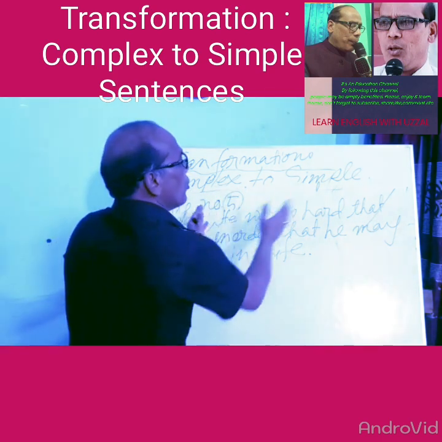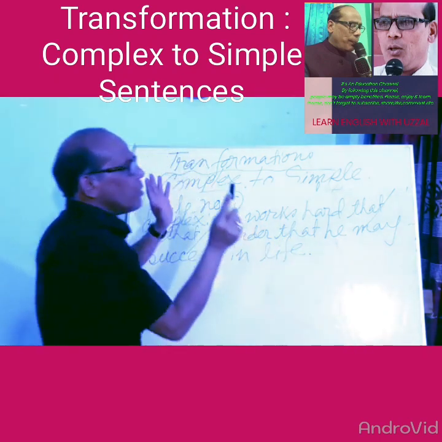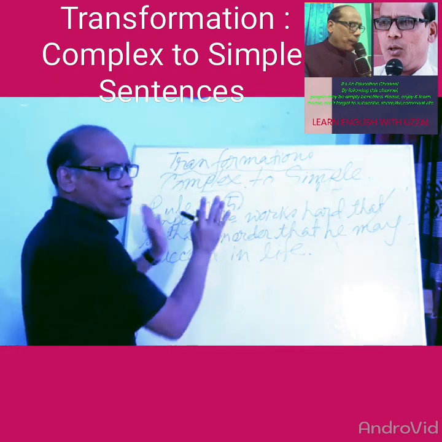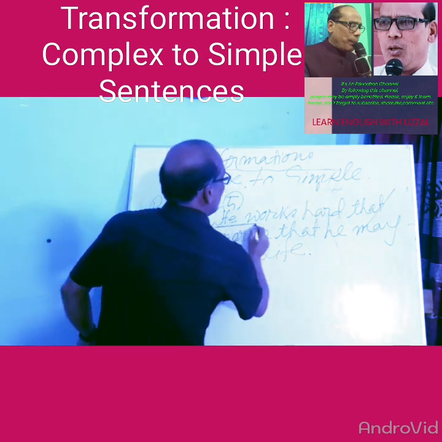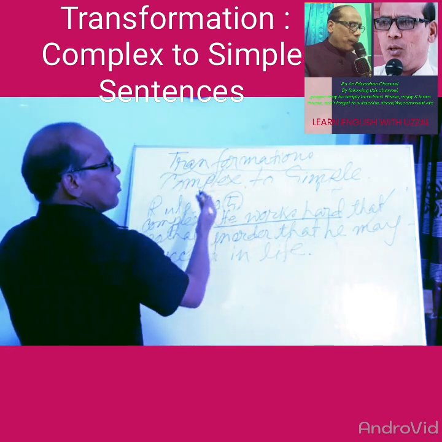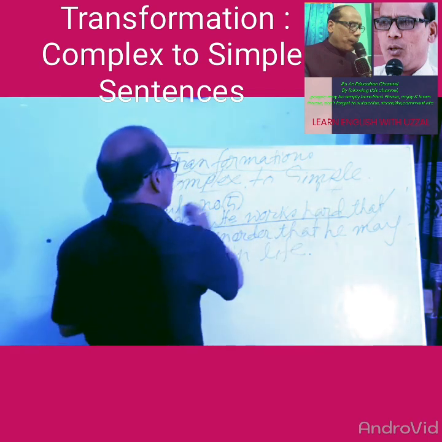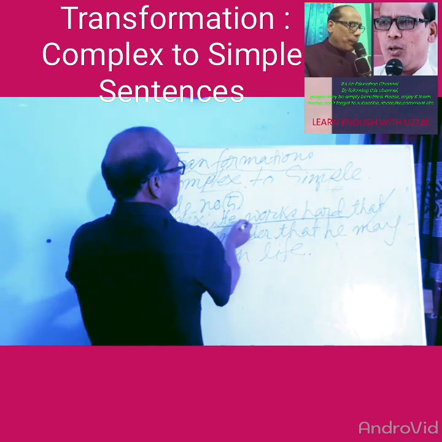So if we find any of them, that, or so that, or in order that, in the middle of any complex sentence, we will have to use the same rule. That means we will have to write firstly, he works hard. That means the preceding portion, or first portion, of the main clause. Main clause is here. He works hard.